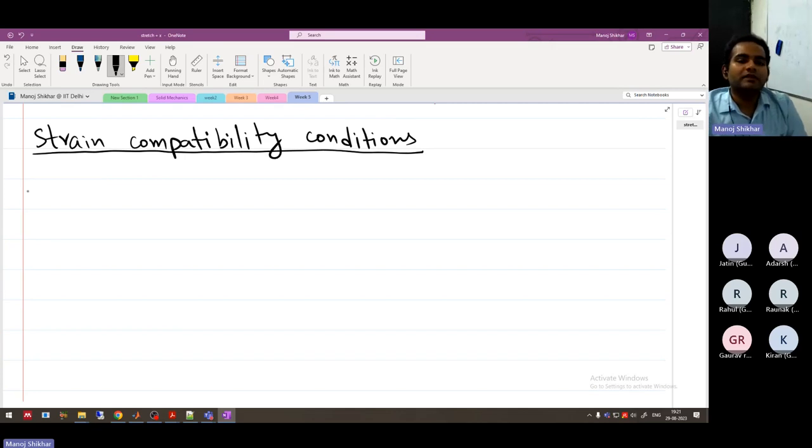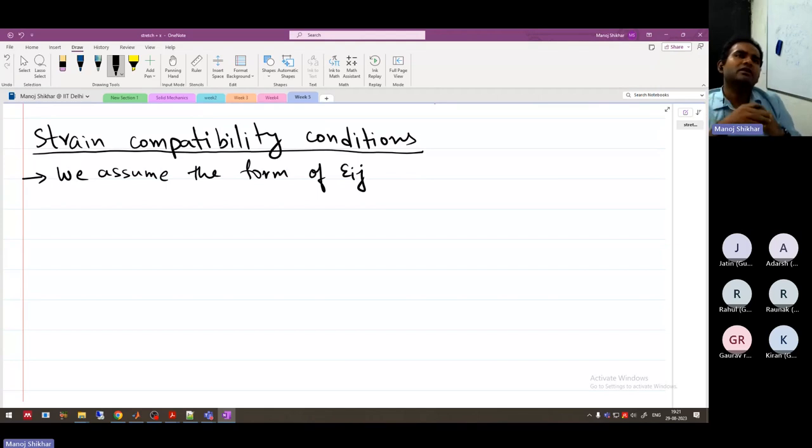The thing to keep in mind here is that we assume a form of epsilon, and then ask: can any form of epsilon give me a plausible solution for displacement? Because at the end, the physical thing we can see is the displacement of the body, the displacement of the points of the body.